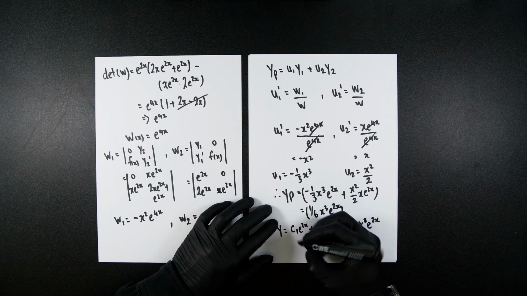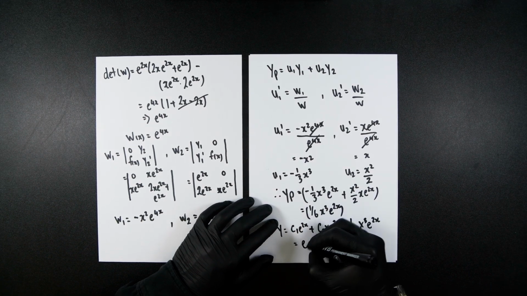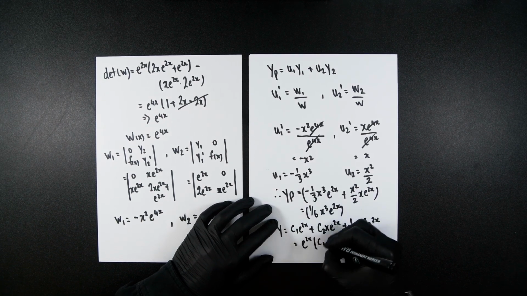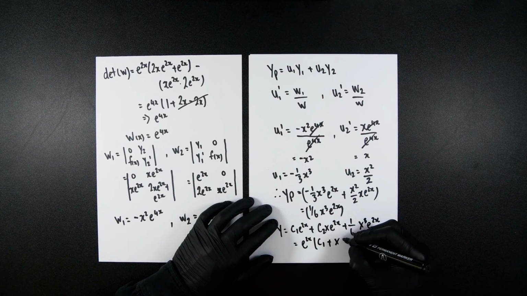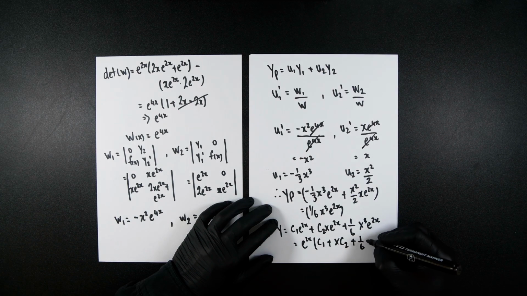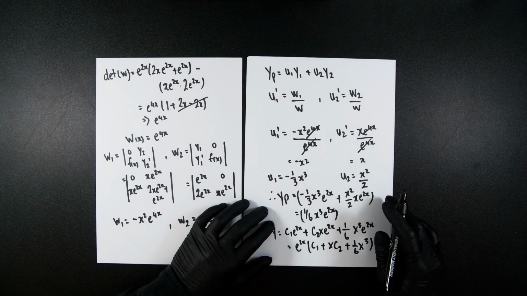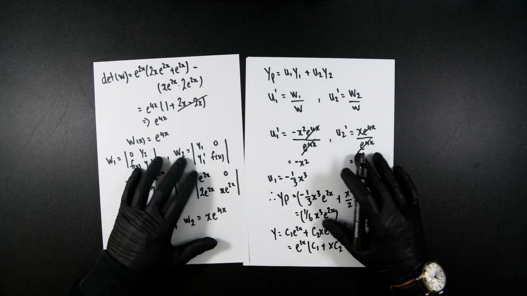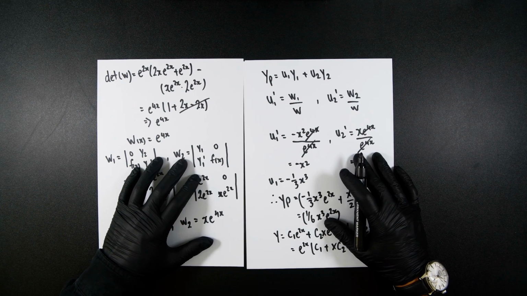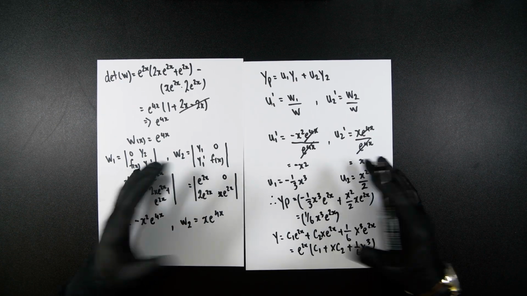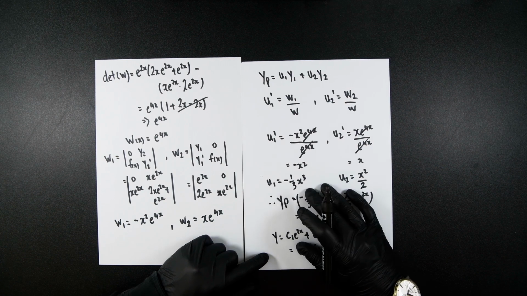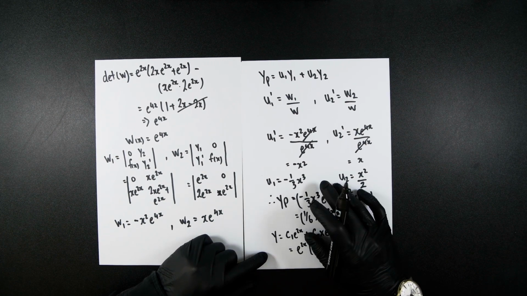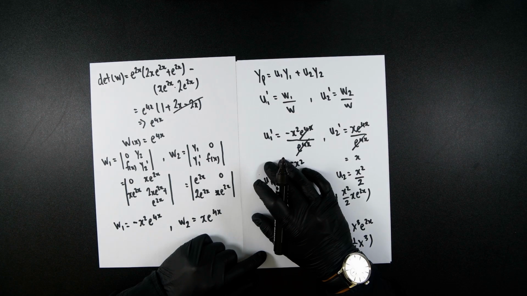This e to the 2x is common, so let's pull that out, and that means you would then get e to the 2x times (c1 plus x c2 plus a sixth x cubed). And now you've used the Wronskian to successfully solve a non-homogeneous second order linear equation. Pretty straightforward steps to learn. Doesn't matter what the questions are, just repeat the same steps and you should get the correct answer.